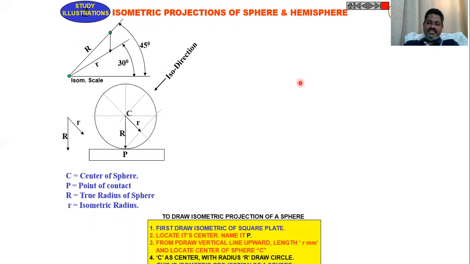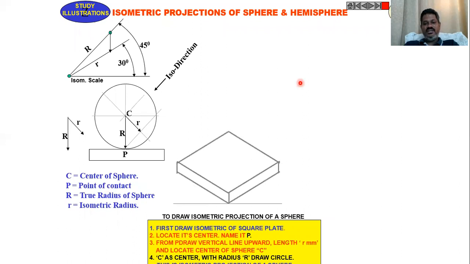Now to draw that, first draw the isometric view of the square plate, like this. Then locate the center and name that point as P, like this. From the P point, draw a vertical line for a length of the isometric radius, otherwise join this point and this point, we will get the isometric radius like this.